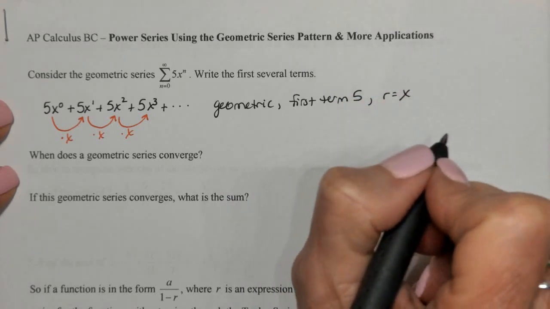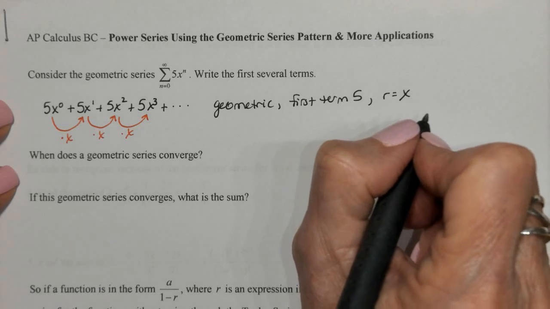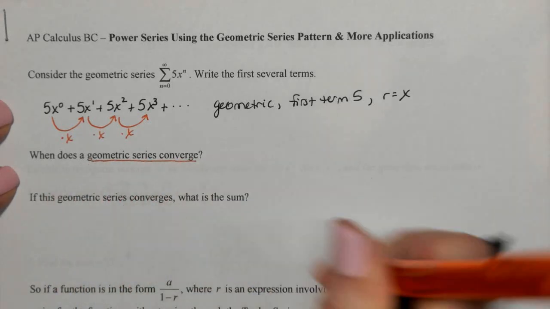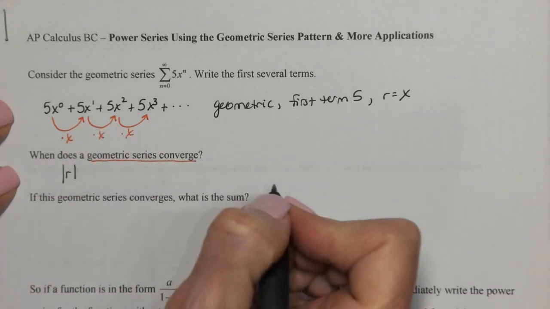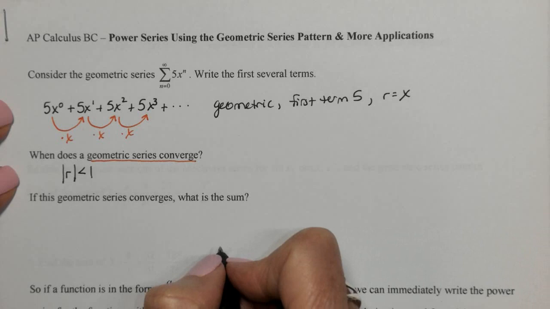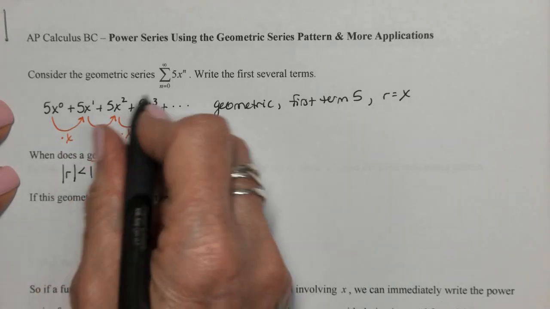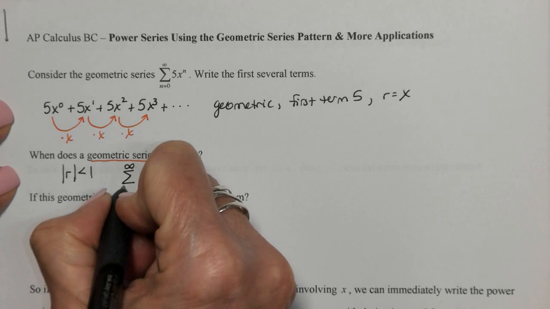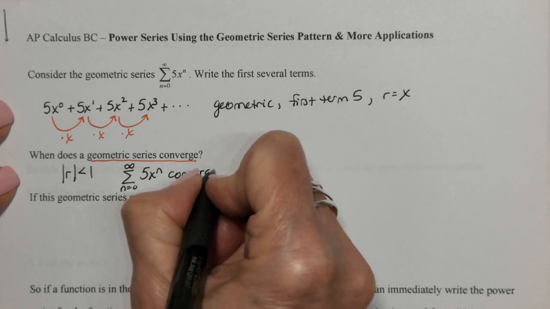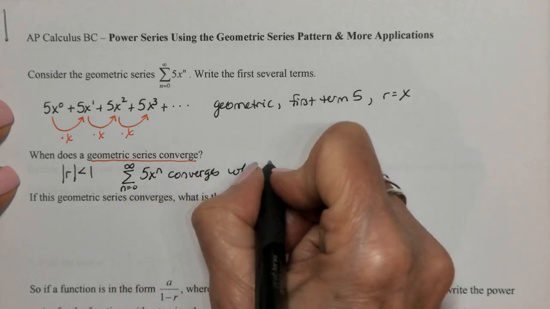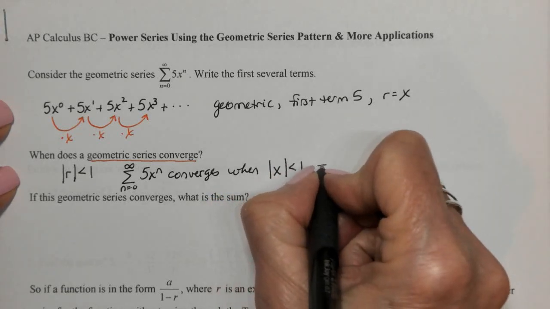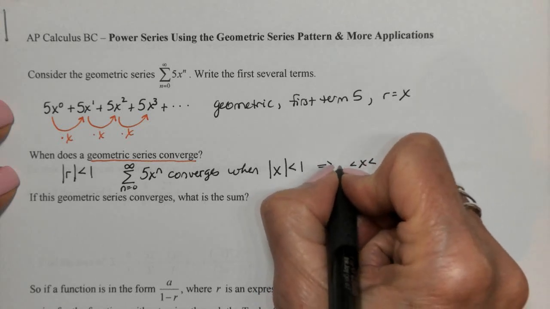Yeah? When does a geometric series converge? Well, a geometric series converges when the absolute value of the common ratio is less than 1. That was our geometric series test, yeah? So in our series, this will converge when the absolute value of r, where r is x, is less than 1, which means x is between -1 and 1.